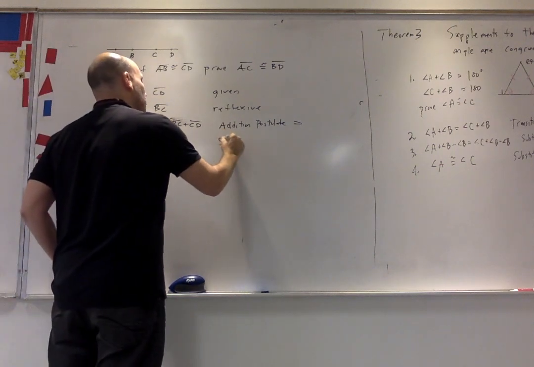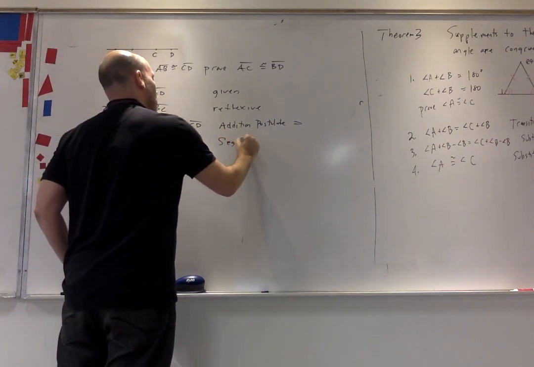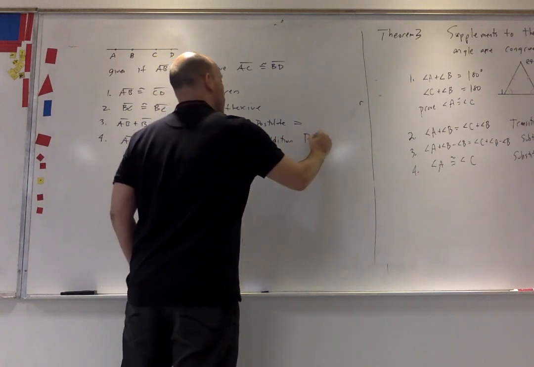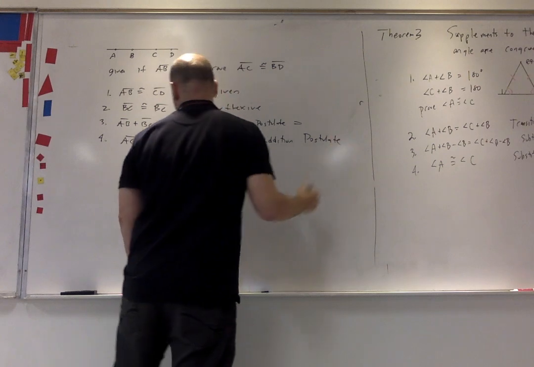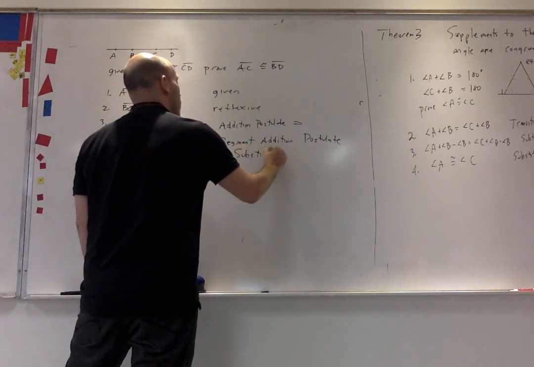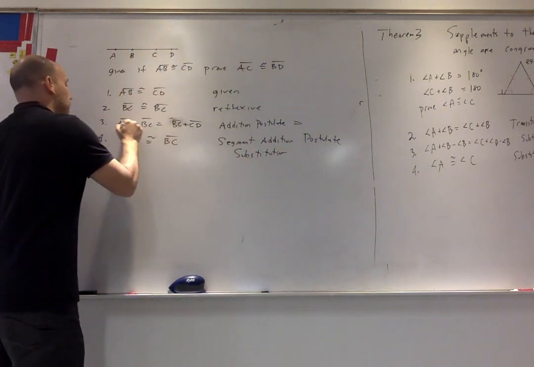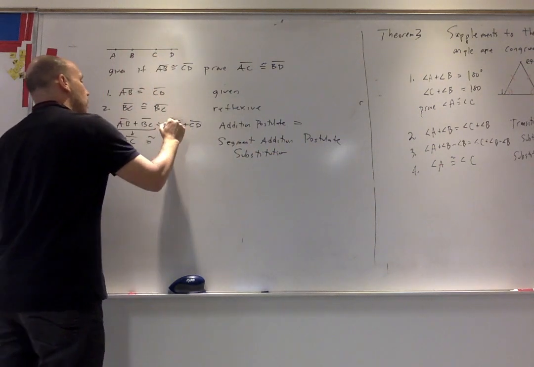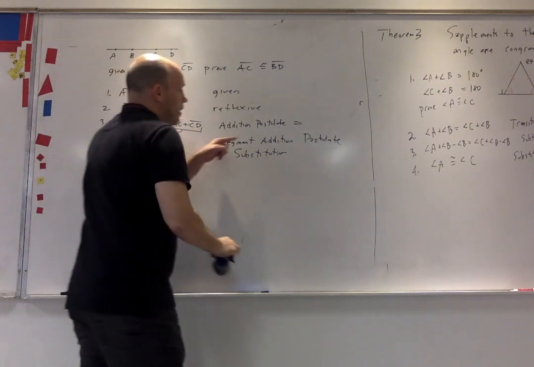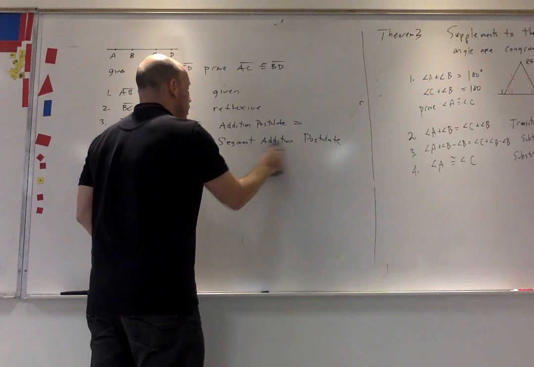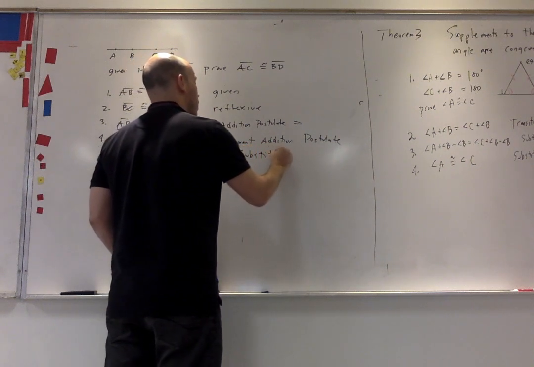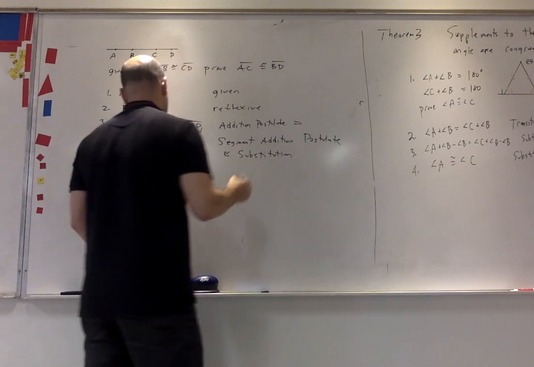And that's the segment addition postulate. Now you can write that, or you can write substitution, because we know that AB plus BC is AC, and we know that BC plus CD is BD. So either segment addition postulate or substitution is fine. And we're done.